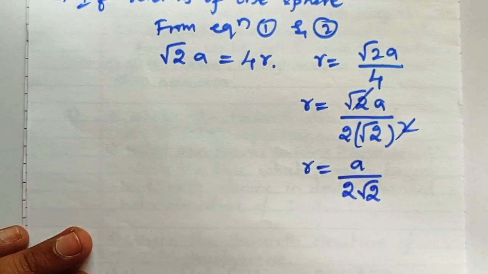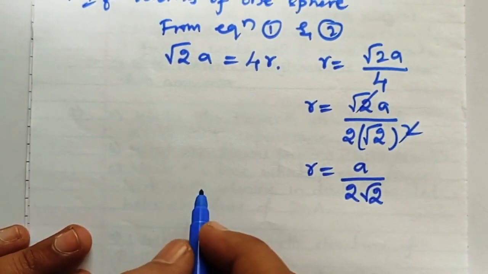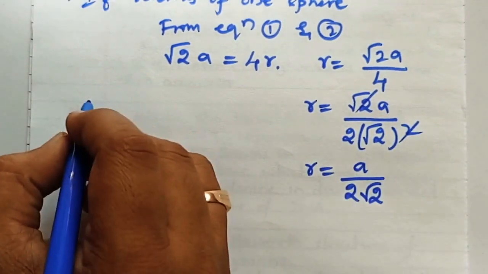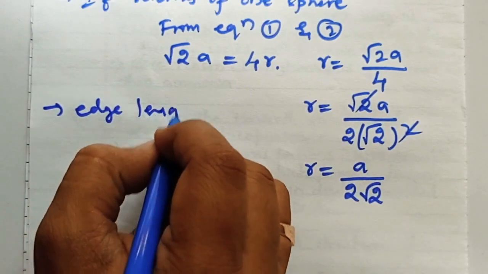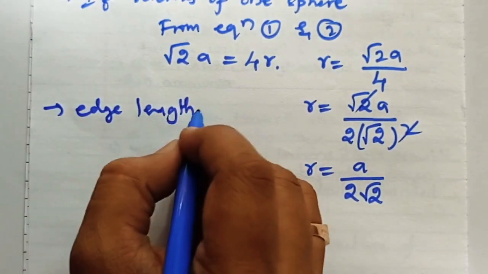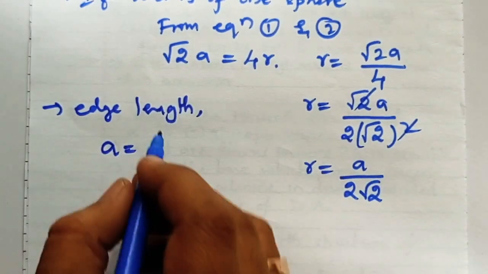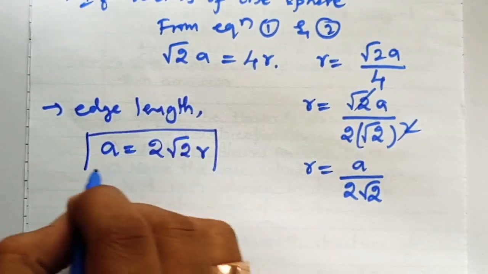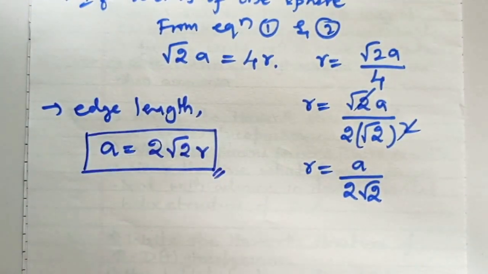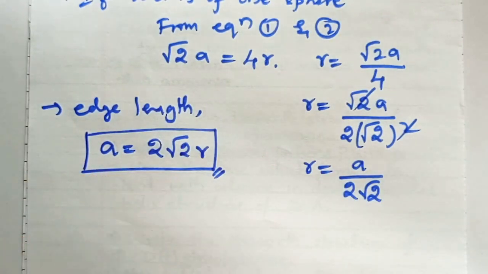Then the edge length a is equal to 2 root 2 into R. Here a is the edge length. So now we have got the edge length.